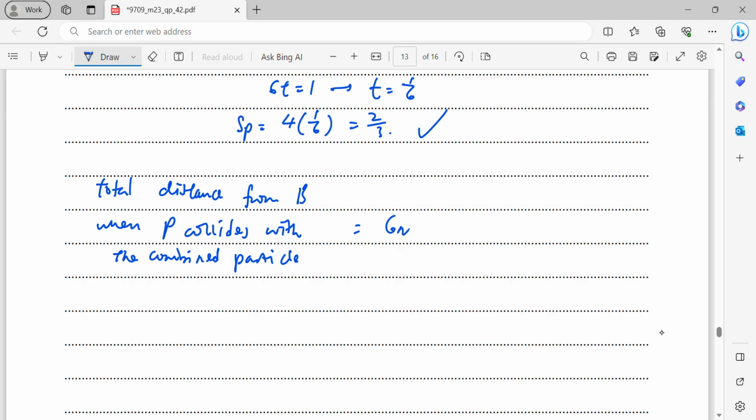So 6 meters plus 2/3 meters, which means you are getting 6 and 2/3 meters. So that's the solution for this question.